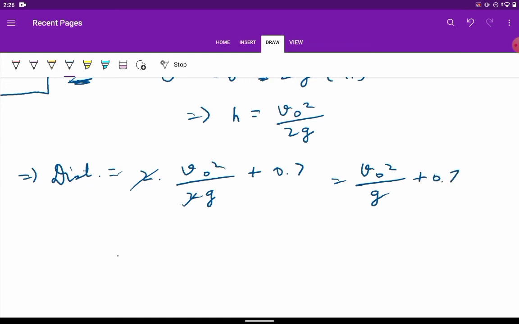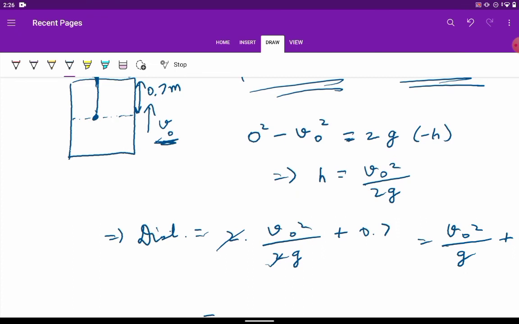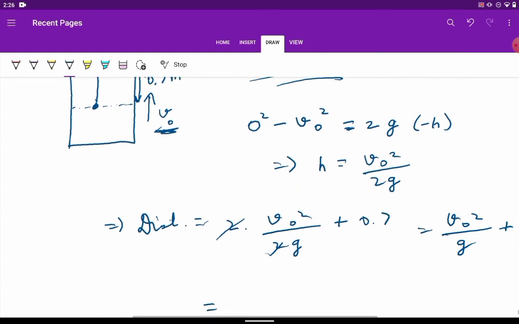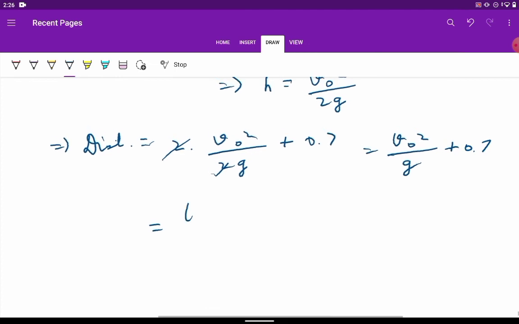Now what would v naught be? It is basically the magnitude of the velocity of the bolt which is dislodged at t equal to 2 seconds, which is essentially the velocity of the elevator at t equal to 2 seconds, which will be v equal to u plus at, where u is 0, a is 1.2, and t is 2, divided by g, which is 9.8, plus 0.7, right?